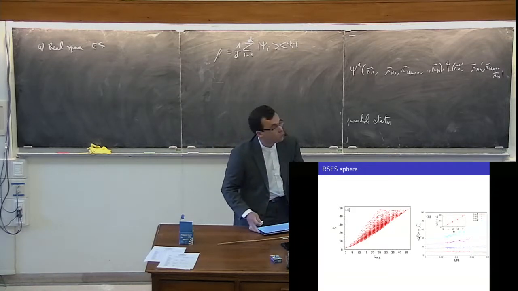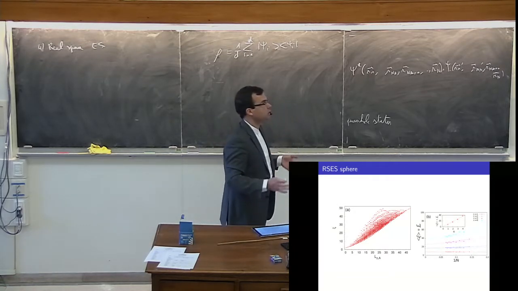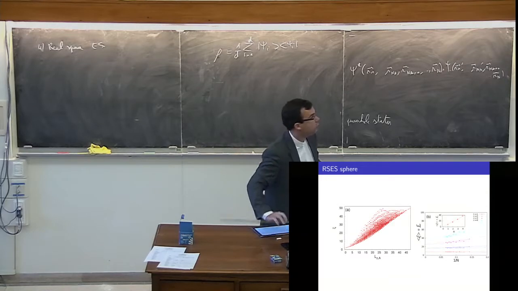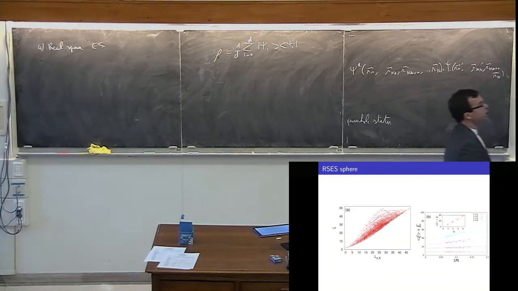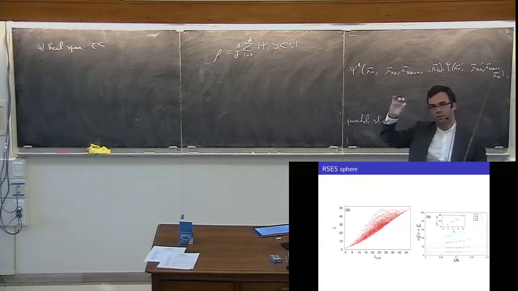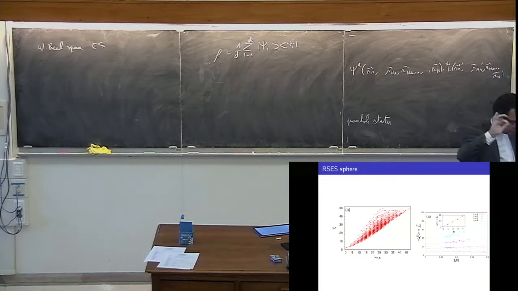So if you do that for the Laughlin state, I go back to the sphere geometry. This is what you will get. Once again, you have the spectrum, the counting is the one of the edge mode, and so on. It's actually quite interesting. You can, for example, look at the splitting. I've told you that in finite size, you will have a splitting between the states in a given momentum sector.